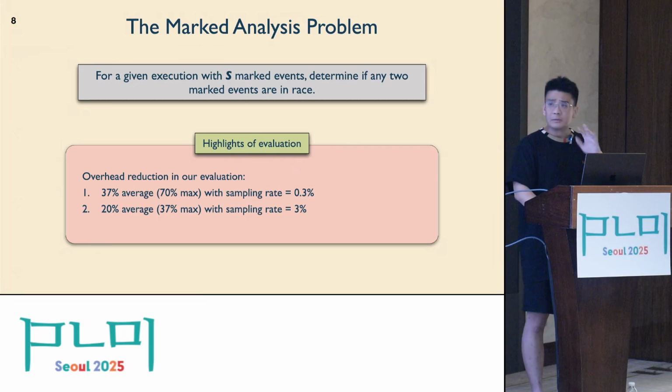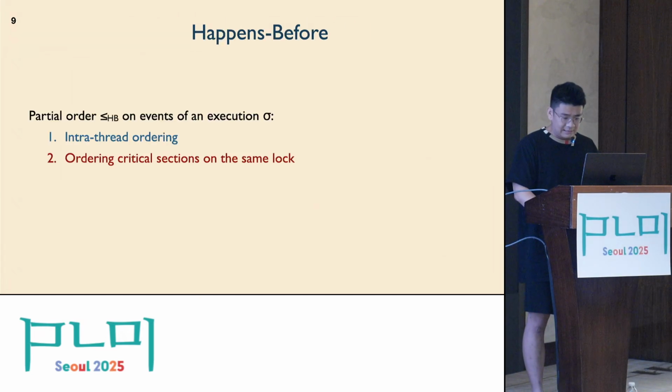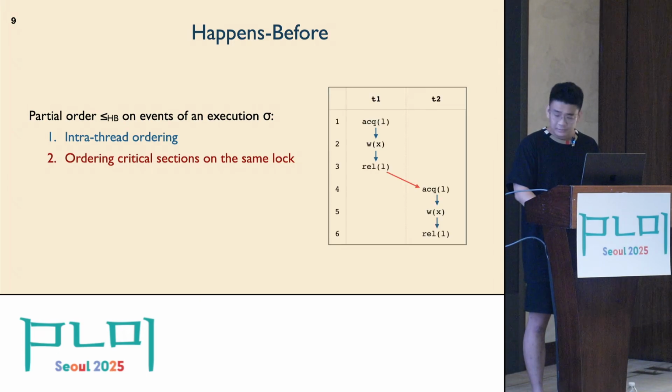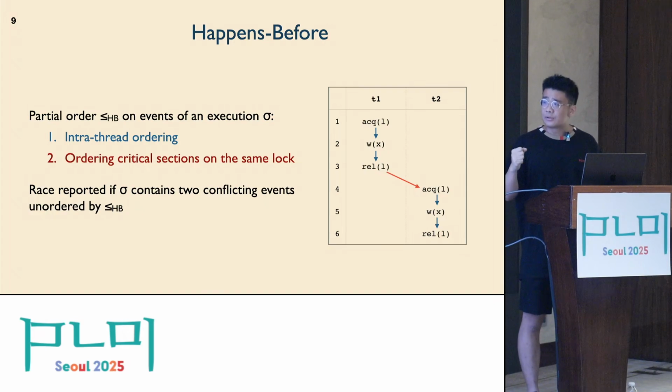Okay, so let's now get into some technical things. Let's first give a definition of data races. For a given concurrent execution, we first consider two partial orders. The first one is intra-thread ordering, which is just a total order on the events of the same thread.